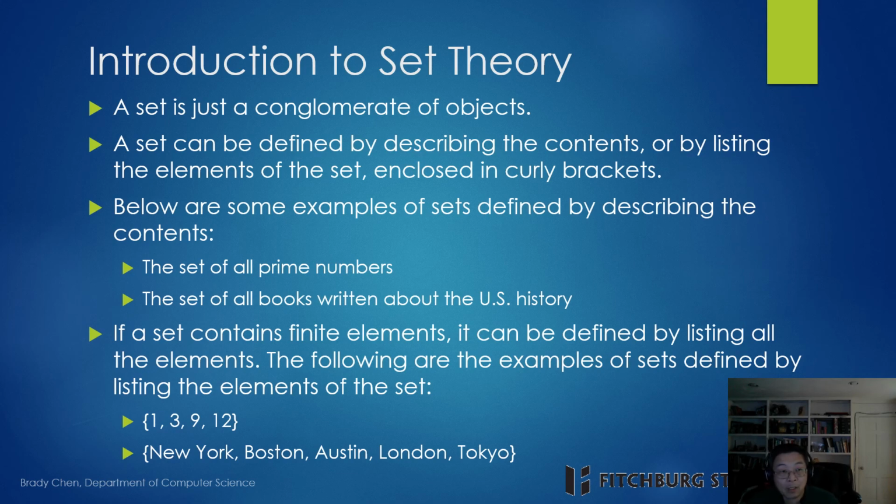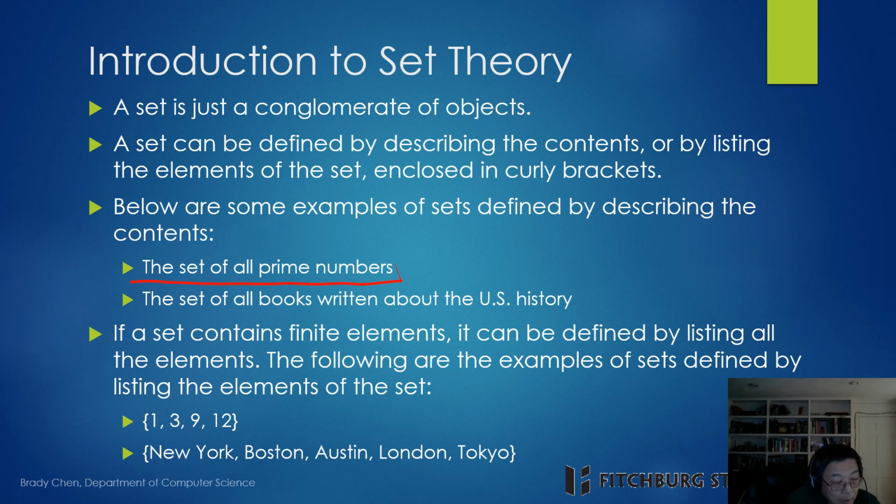Now here we have two examples of sets defined by describing the contents. The first one is the set of all prime numbers. We know what a prime number is, right?